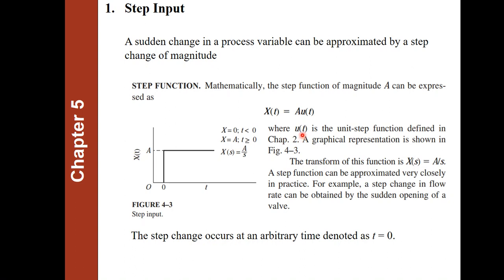So u of t, as encountered in advanced engineering mathematics and in chapter 2 of our book on review of Laplace transform, is just a representation of the unit step function.